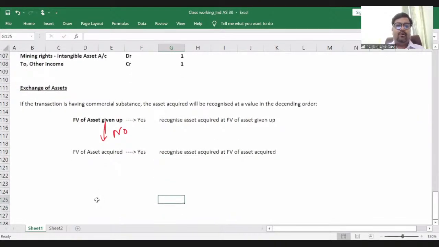For example, it is also not there. No. In that case, WDV of the asset surrendered, this will always be there because this is the book value of the asset given up.